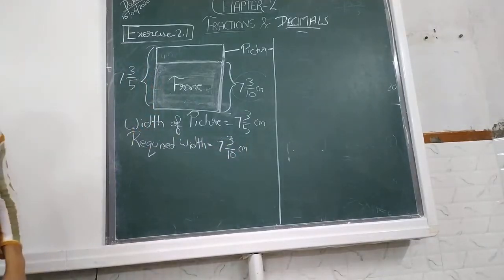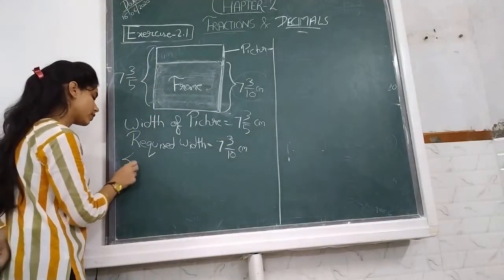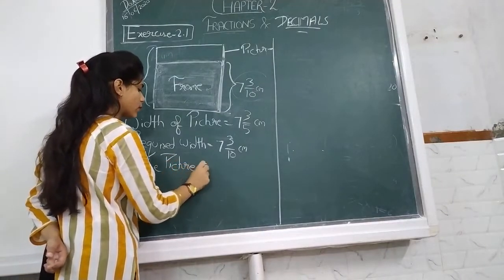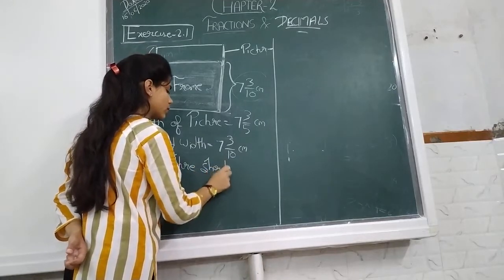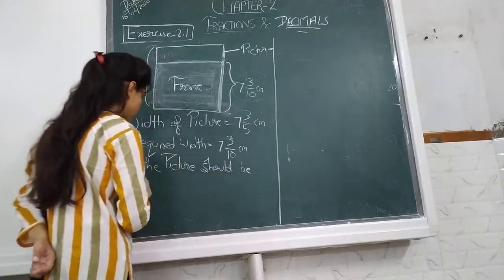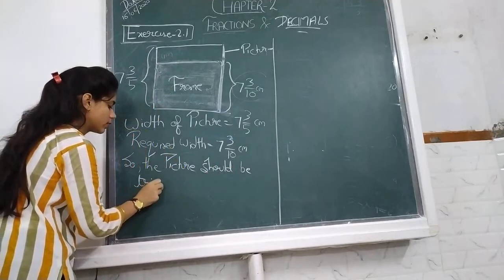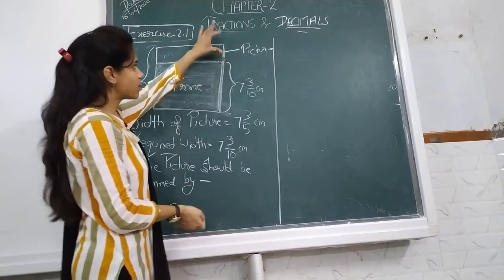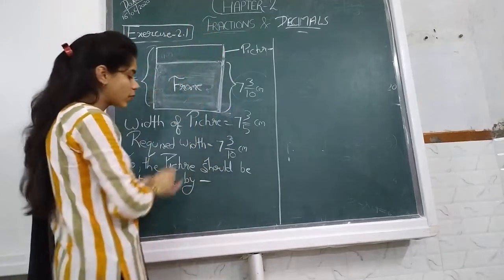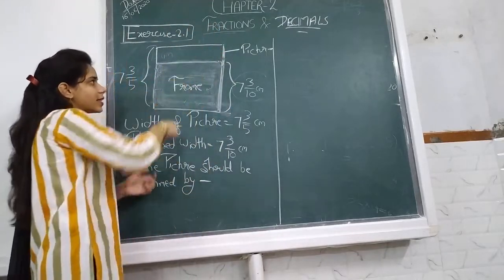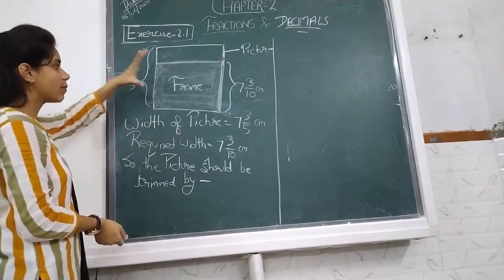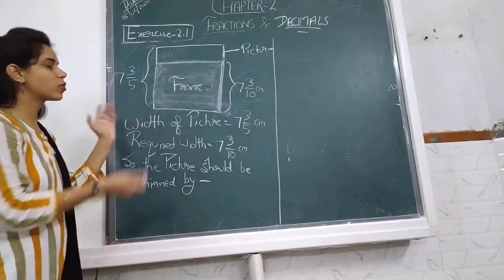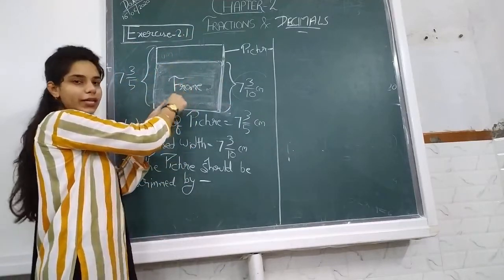Now the picture should be trimmed by cutting this part of the picture to fit it into this frame. So we need to subtract the required width from the whole picture's breadth. This part will be removed from the picture, so that we can easily put it into this frame.